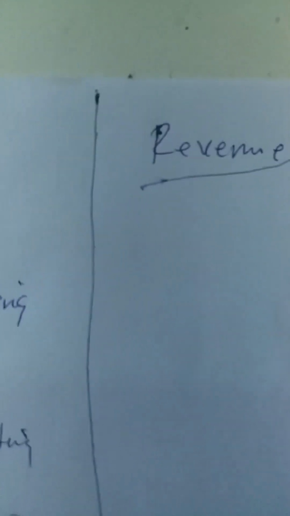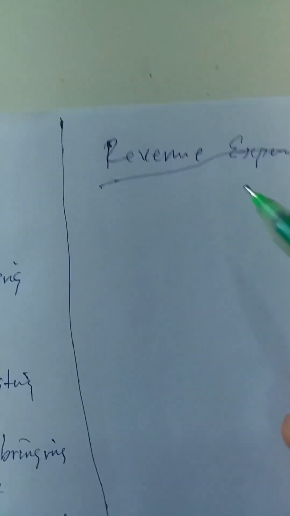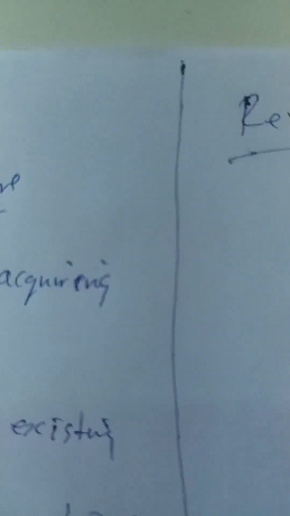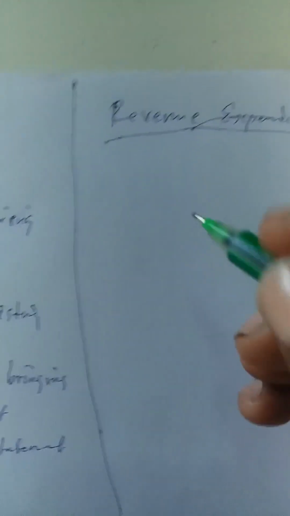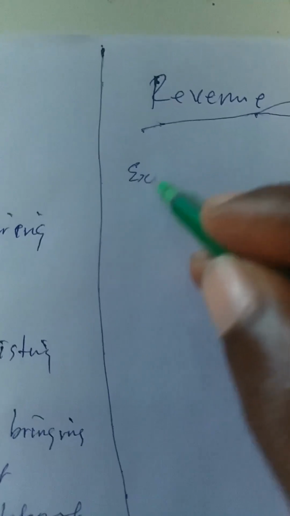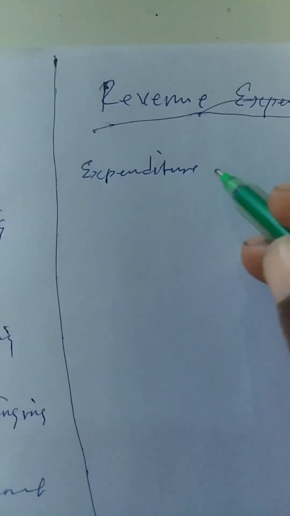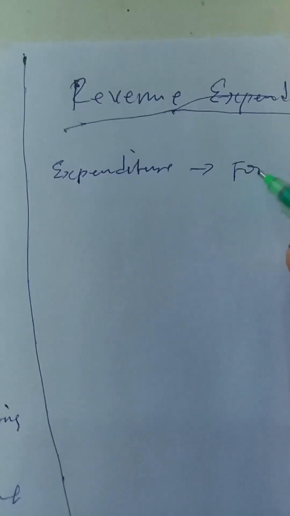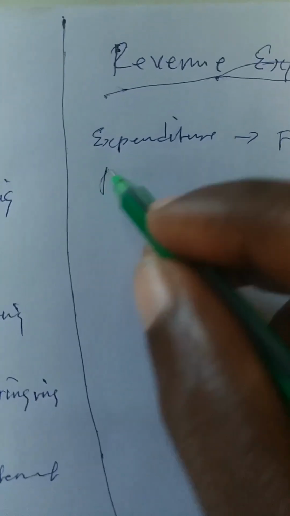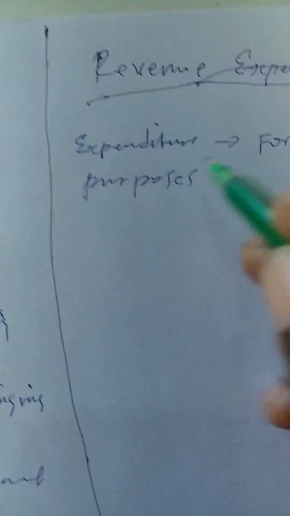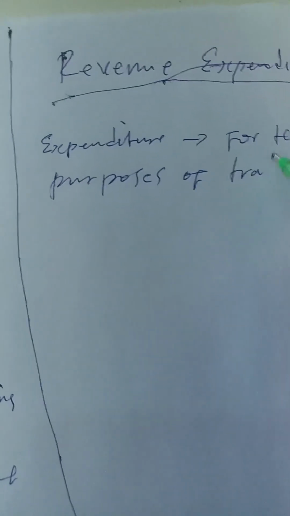Revenue expenditure, my line is bad. Revenue expenditure, this will be expenditure for the purposes of trading.